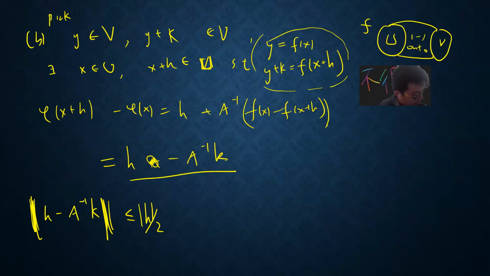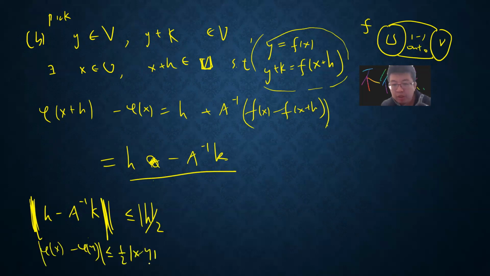Why is this true? Because remember that phi of x minus phi of y is bounded by half of x minus y. This is my condition, so you use this.